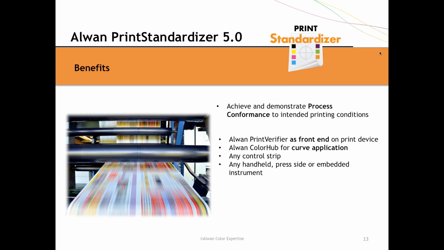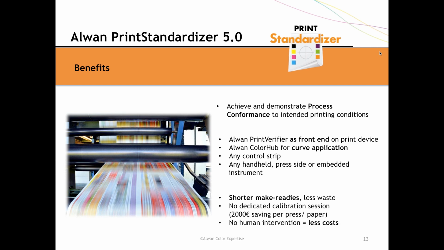It interacts with Alwan ColorHub for applying changes in curves. It works with any control strip and any handheld, press-side and embedded instruments, so online, inline, and offline measurements. It allows you to have shorter make-readies, less waste, no dedicated calibration sessions, which is costly on a press, and very little human intervention, and with complete control means also less cost.